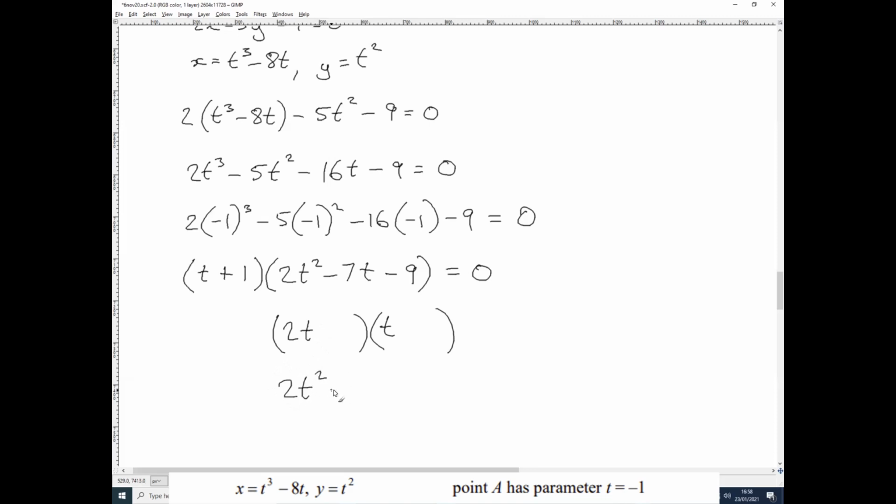Yes. So down 9 and up 2. And you're saying that's t times 2t minus 9 plus 1 times 2t minus 9.